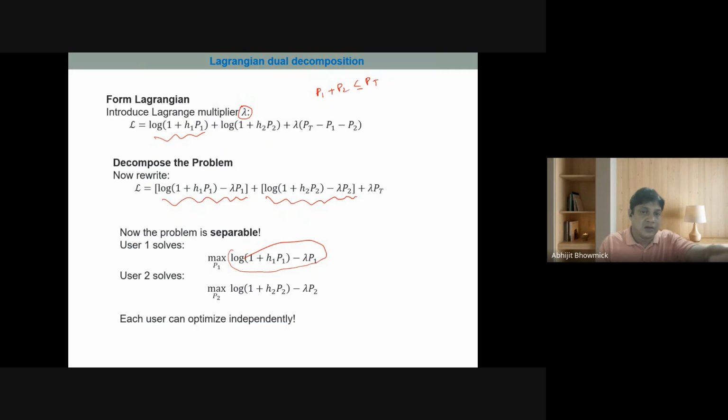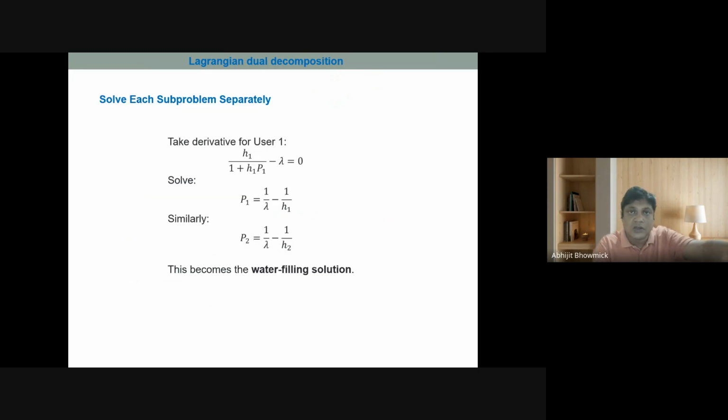That is your target. Similarly, the optimal value of P2. But at the same time, you have to keep in mind that P1 plus P2 should not exceed PT. This is how we can use the Lagrangian methods.